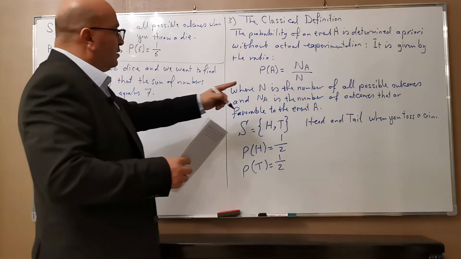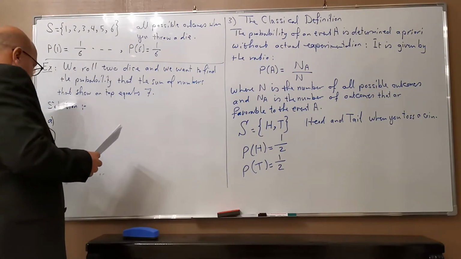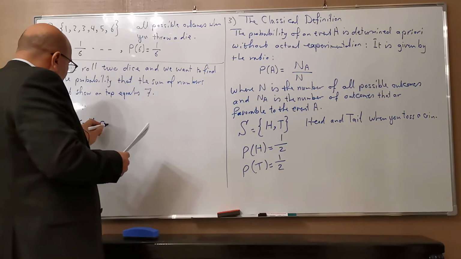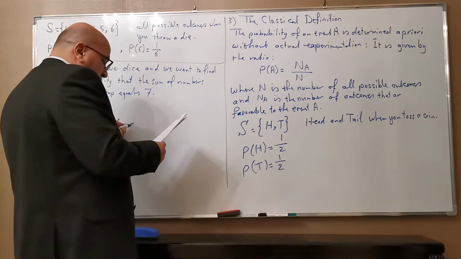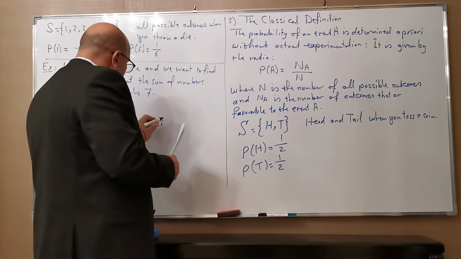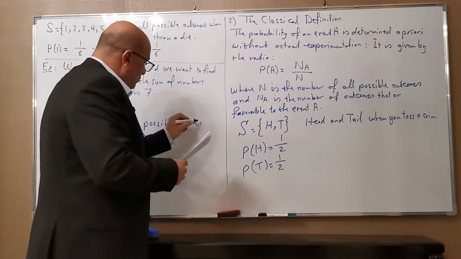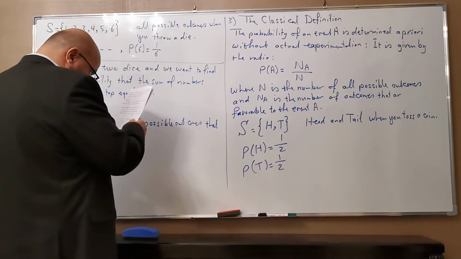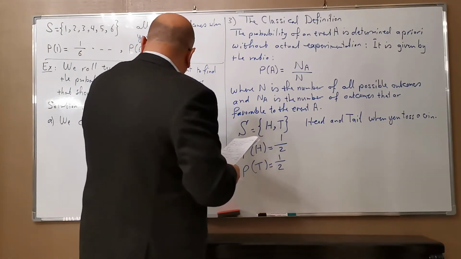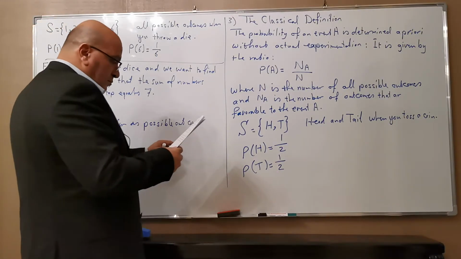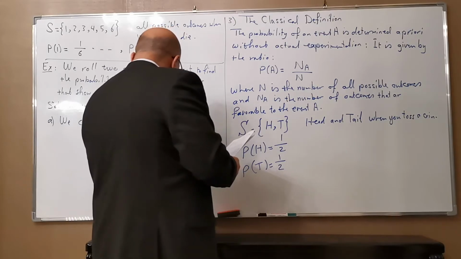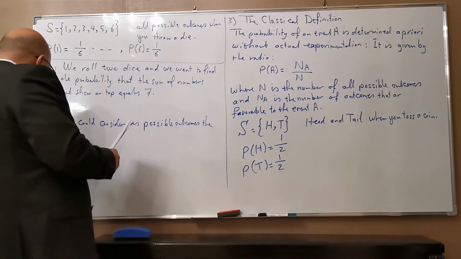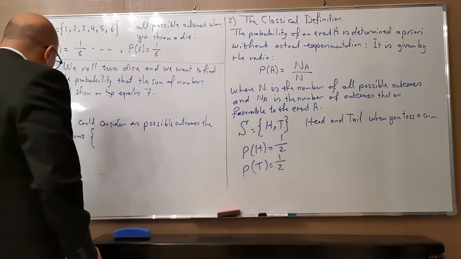We need to find NA and N. Let me just think of it very simply, and we say, okay, we could consider as possible outcomes the 11 sums. What are those 11 sums?